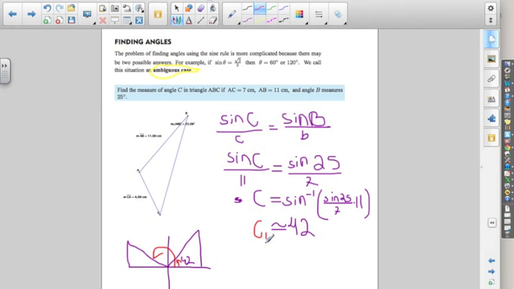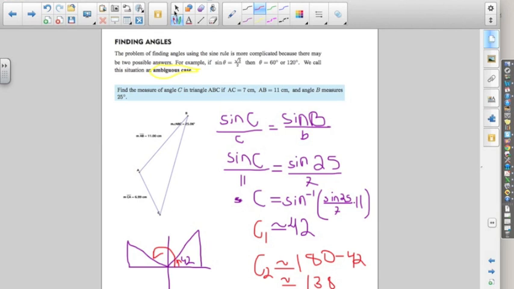So the first possibility for C is 42 degrees, and the other possibility would be pi minus, or sorry, we're working in degrees, so it would be 180 minus 42. Right? Which would be approximately 138.